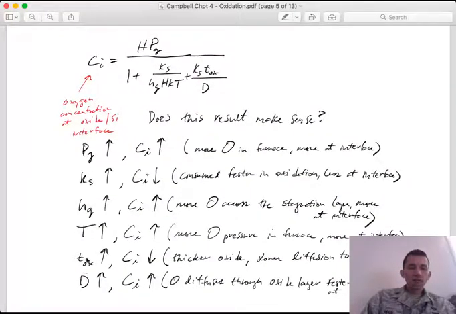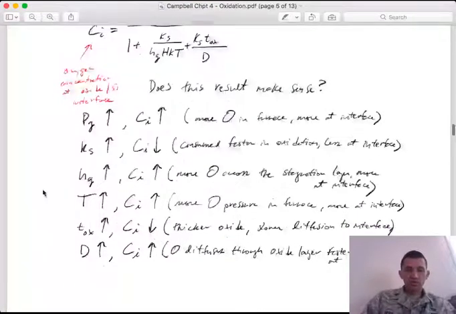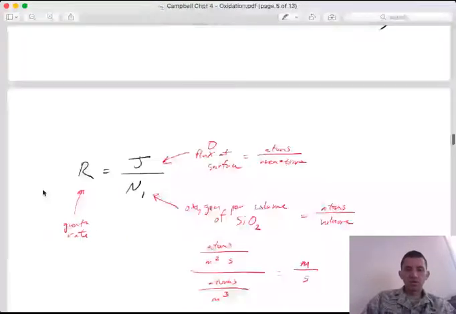And as the oxide layer grows, it's a further distance that the oxygen needs to diffuse, and so that's predicted here: as the oxide layer grows, that concentration should decrease, right? So a lot of this makes sense with our intuition about what's happening with the model, which is good.